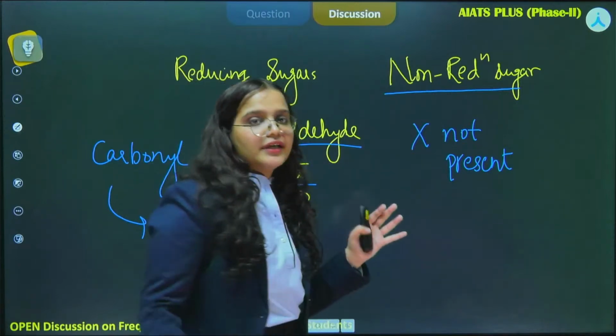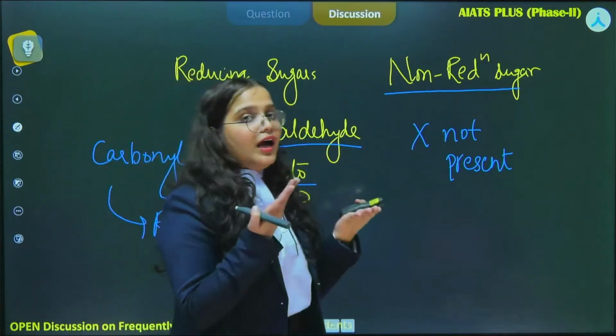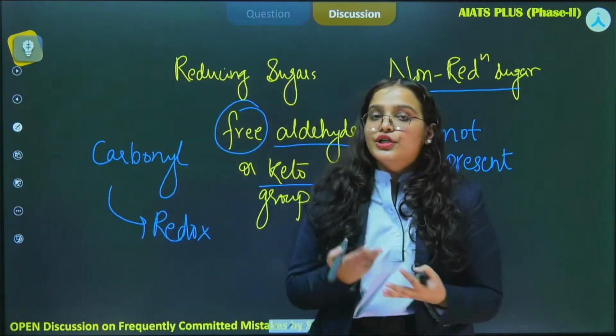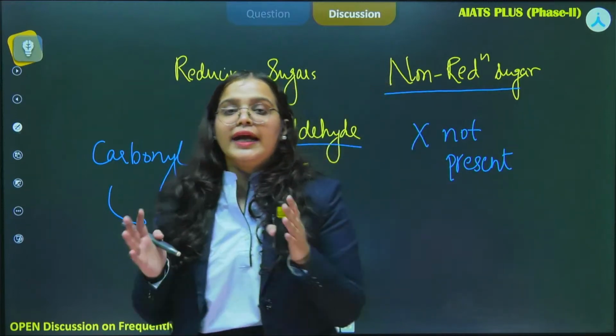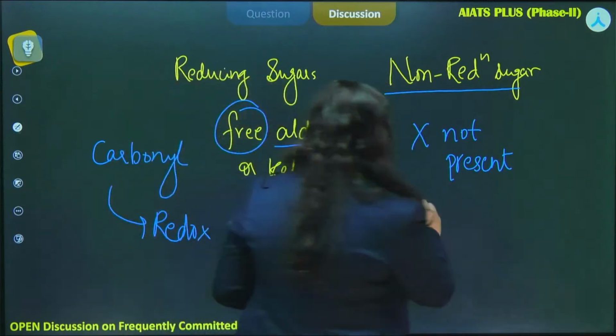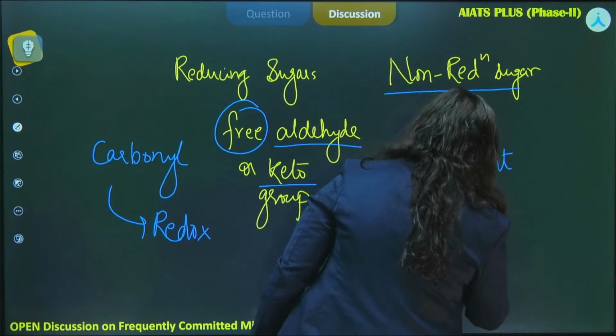And how do we get to know whether a particular carbohydrate is reducing or non-reducing? It is based on the fact that we perform the Fehling's test.